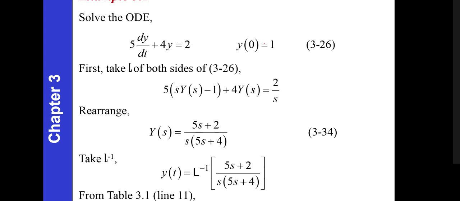Then, unlike in our example, y sub 0 here has a value of 1. So first we are going to get the transfer function. So what is the Laplace? So find the Laplace of 5 dy over dt plus 4y, which is equal to 2.